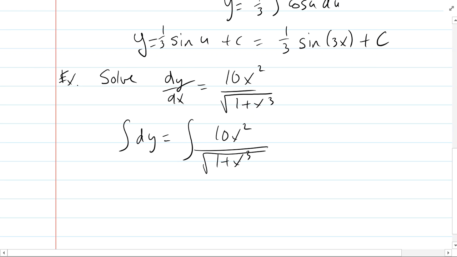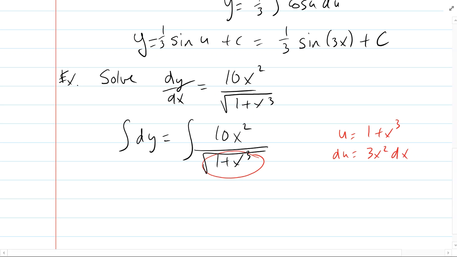Uh-oh, that's complicated. Do you see it's complicated? Not really. I want you to look right here. If I say that my u is equal to 1 plus x cubed, what is du going to be? What's the derivative of 1? 0. What's the derivative of x cubed? 3x squared dx.